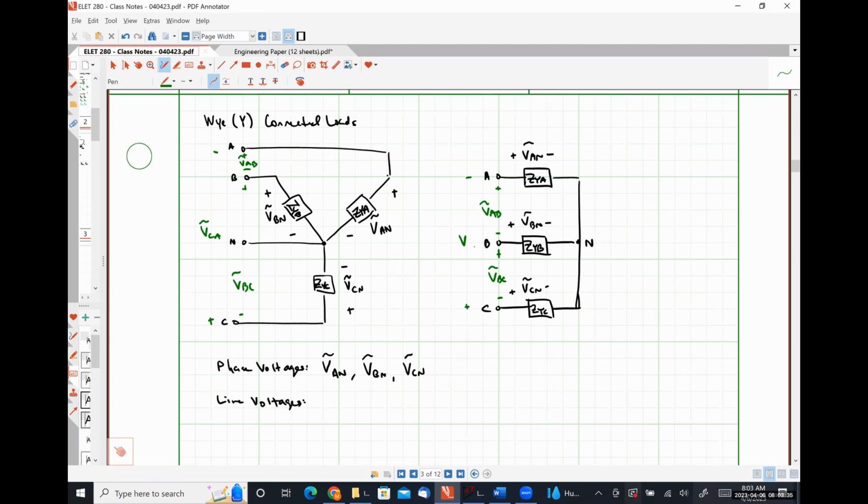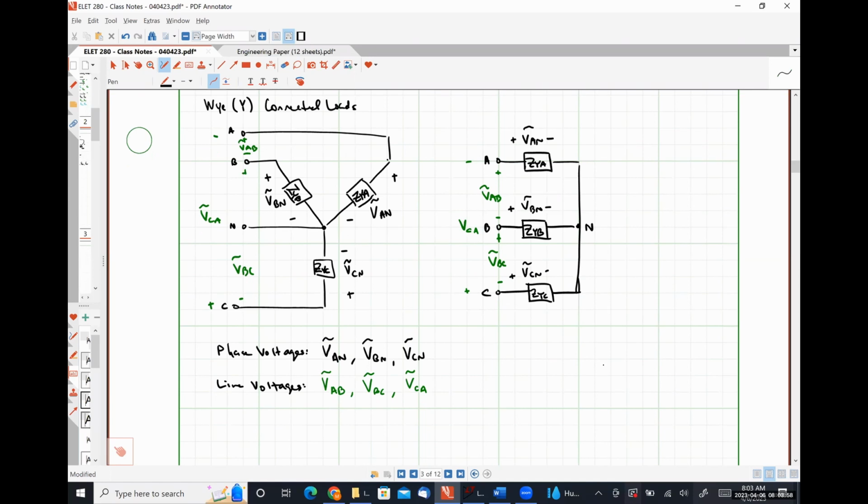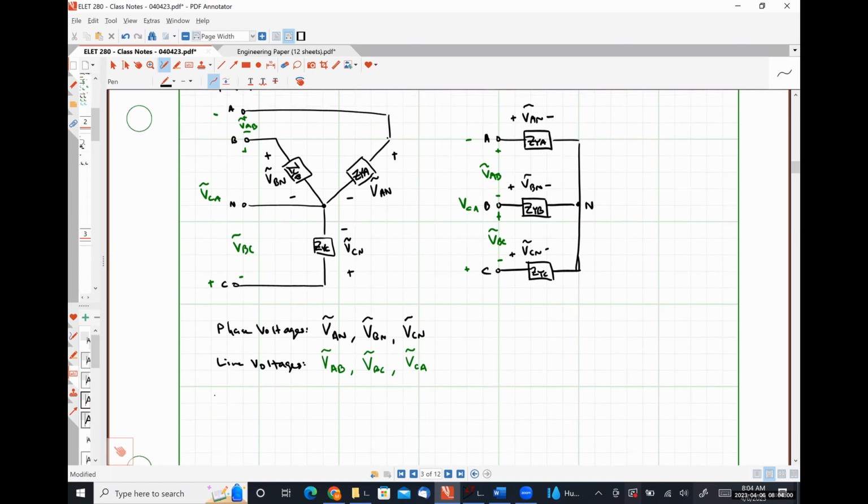The last one I have over here is the line voltage VCA. And it should be VBC here. And VCA. And so the next thing that we would be identifying in this particular load would be our phase currents.